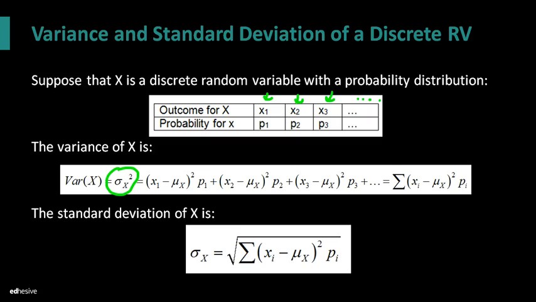So a way that we can shorten this is to use our sum symbol here. So the sum of each outcome minus the mean, squared, times the probability of that outcome. Then, remember, this is only variance, which is standard deviation squared, right? Variance is standard deviation squared. So I'm going to write this down because this is going to be important for later: variance is standard deviation squared.